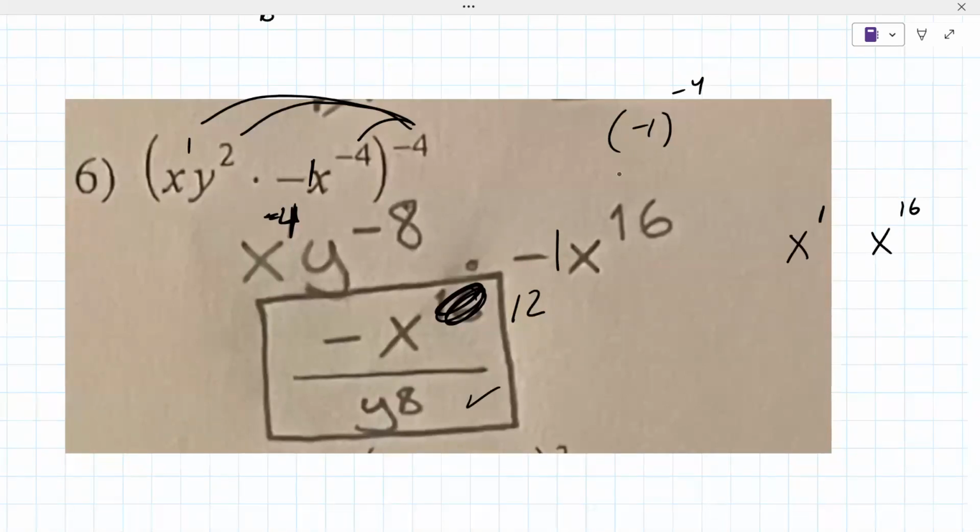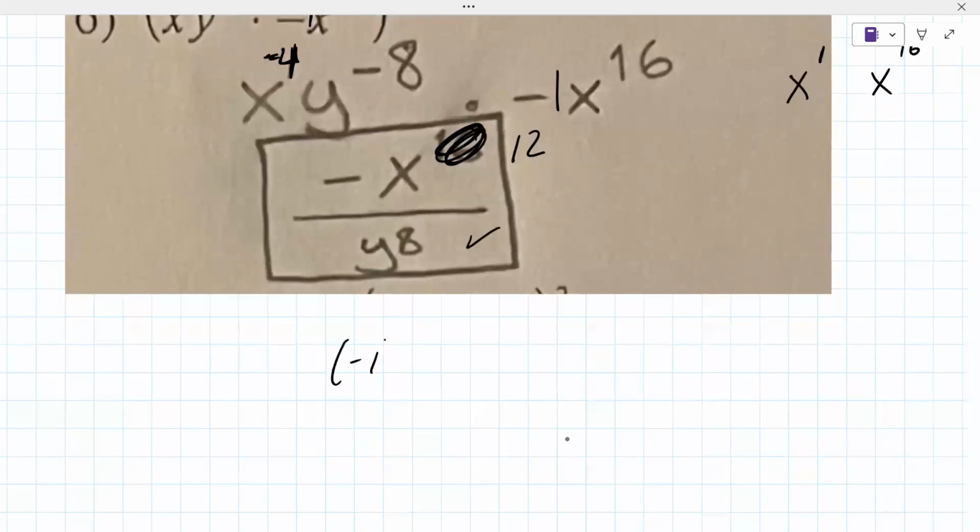So the only thing lingering is what to do with this -1 to the power of -4, which is really weird and awkward, but that is what it is. So let's take a look at that. So first thing is that you can write -1 as a fraction.